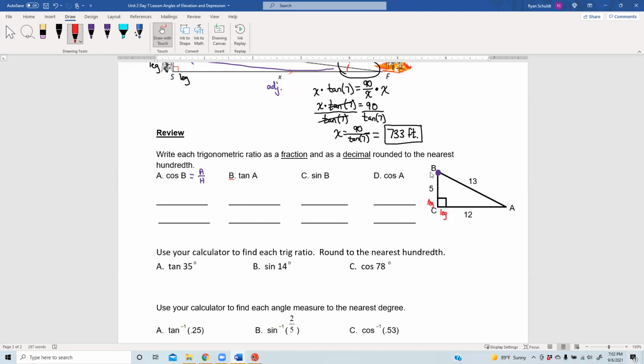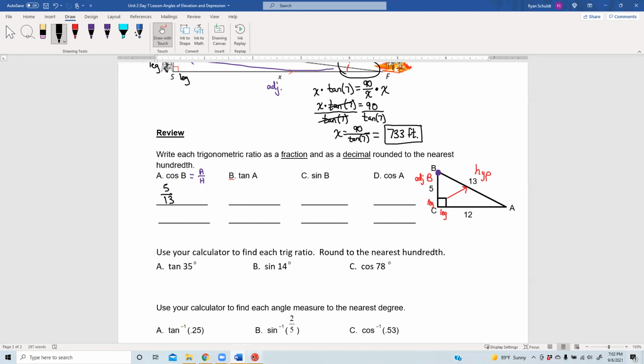Which leg is adjacent to B? That's going to be this 5 right here. We are adjacent right here to B. So we're going to have 5 over, which one's the hypotenuse? It's going to be this 13 out here. This is our hypotenuse. Always and forever, 13 will be the hypotenuse here. So 5 over 13.